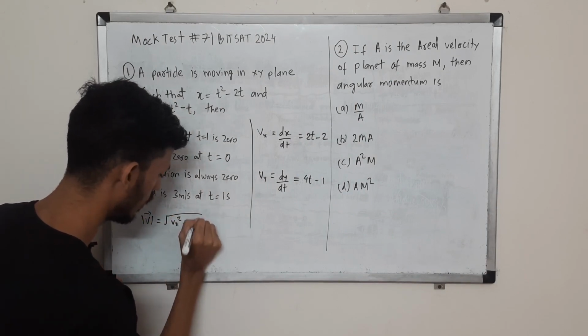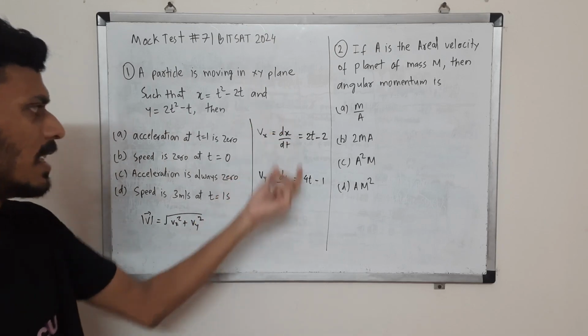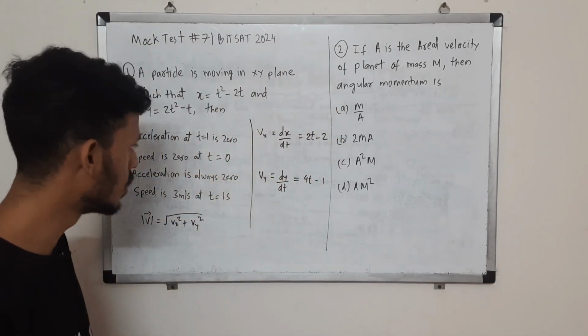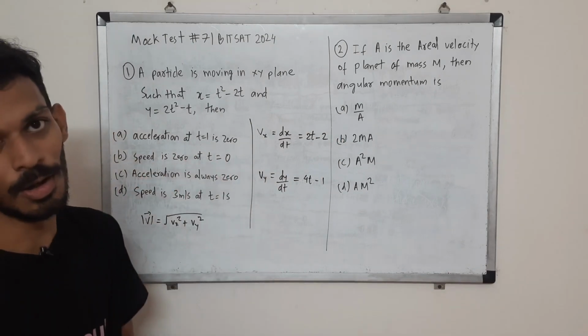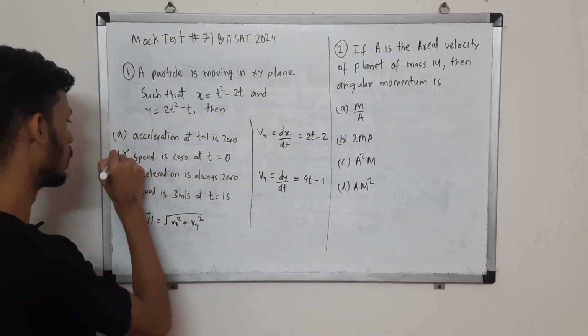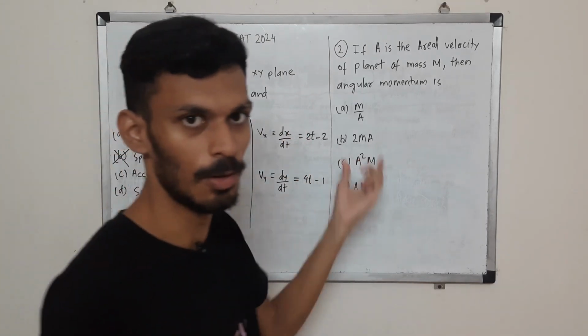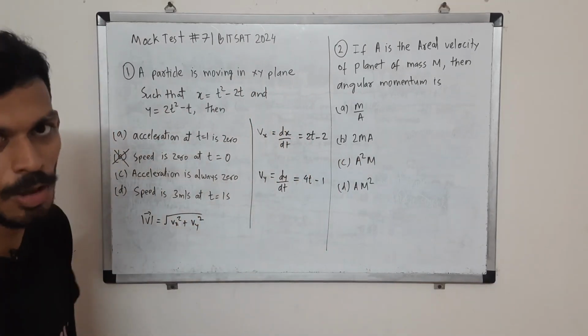You can see that the components in the x and the y directions are non-zero, so the speed will also be non-zero at t is equal to 0. This statement is false.